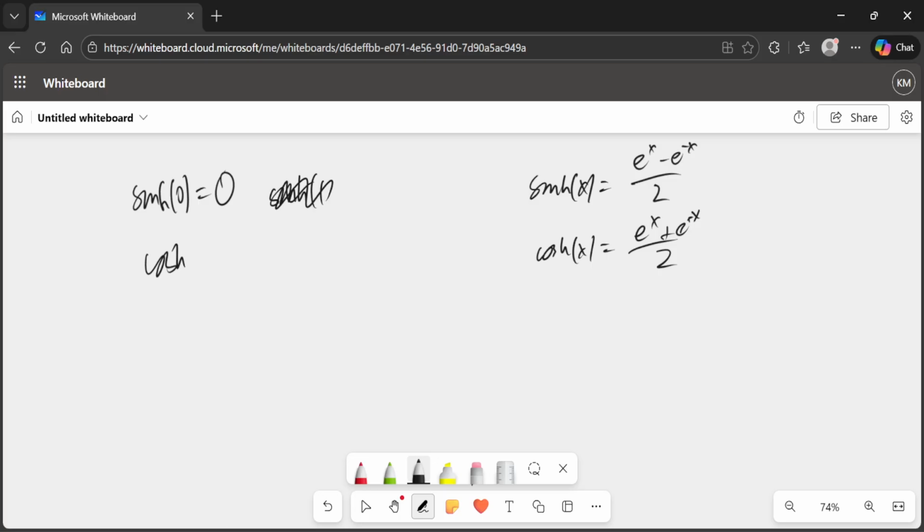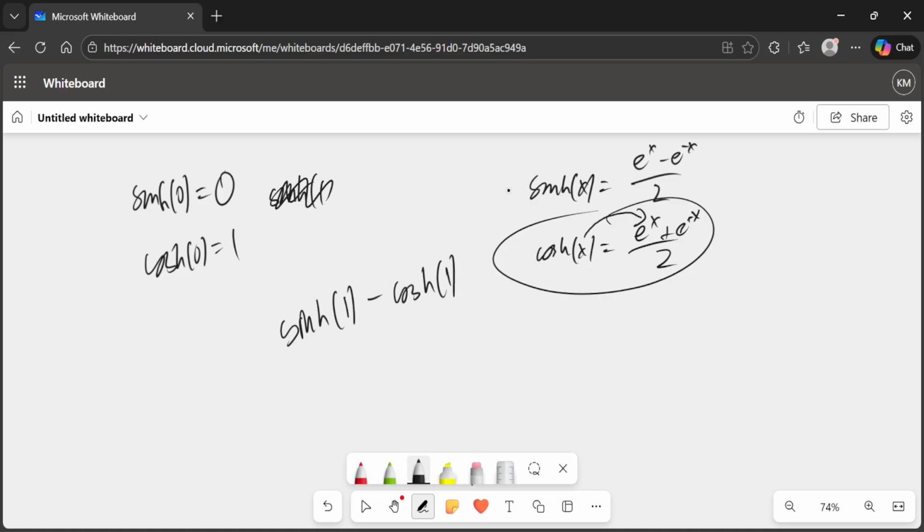Now cosh 0, let me see, cosh 0 is going to equal 1. And I guess that's about it, but here's the thing. This is a valuable tool because depending on what you get, if it's like sinh 1 minus cosh 1, if you just actually plugged it in, you could get something simpler without the hyperbolics, because you could get e minus 1 over e plus e plus 1 over e, over 2.